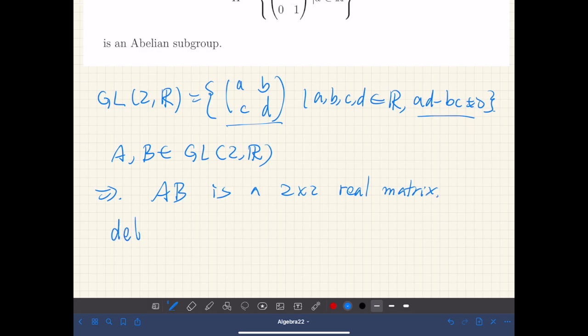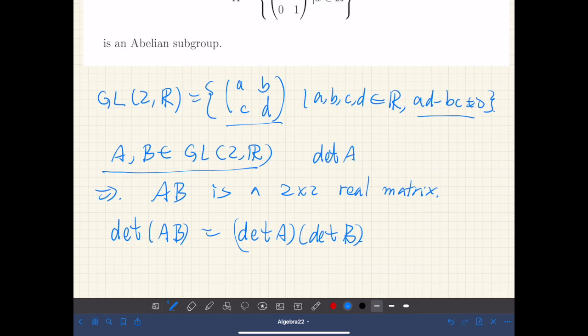And the determinant of AB, as you learn in linear algebra, is the product of determinants. Because the determinant of A is non-zero and the determinant of B is non-zero, this is non-zero.